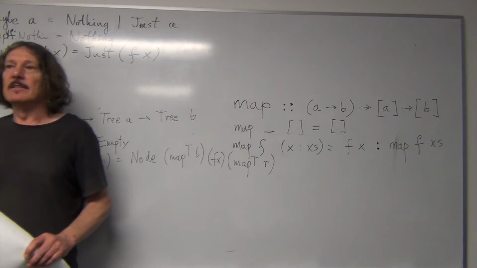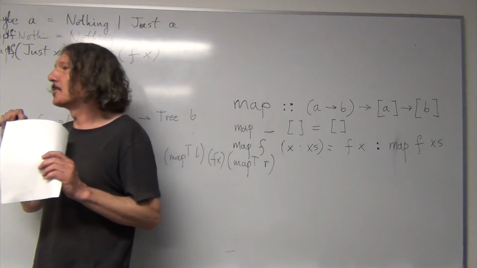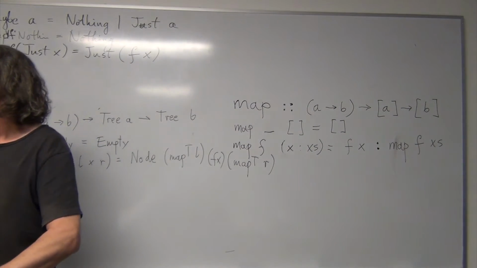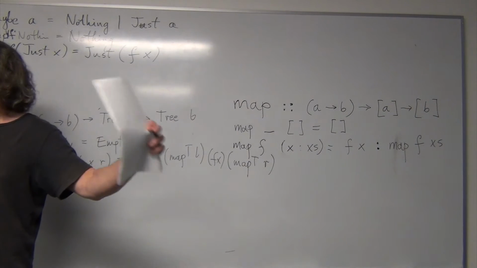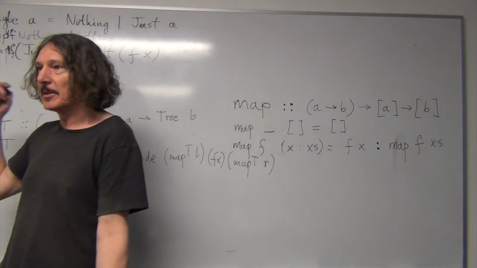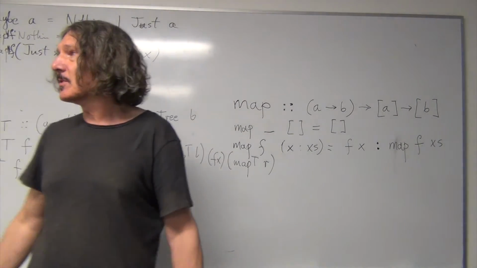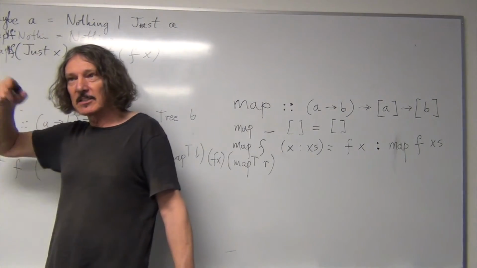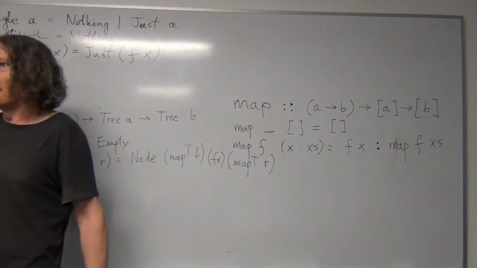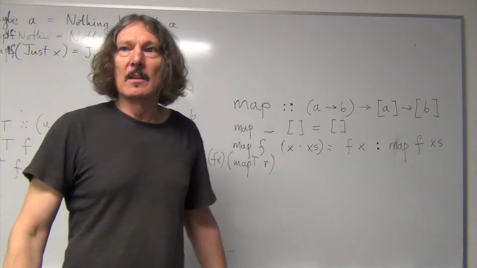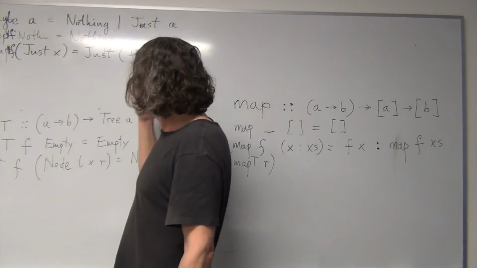So now a functor is really a whole class of types. I'm trying to define a whole class of types that have this property that they are constructed using a one argument type constructor, and then they have this function that maps a function over it. So this is a whole big class to which I know some members.